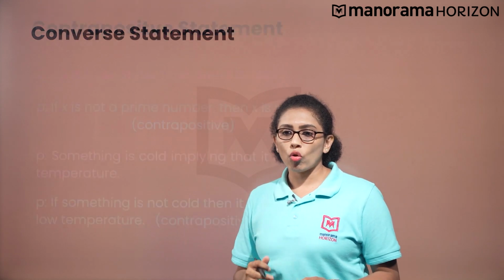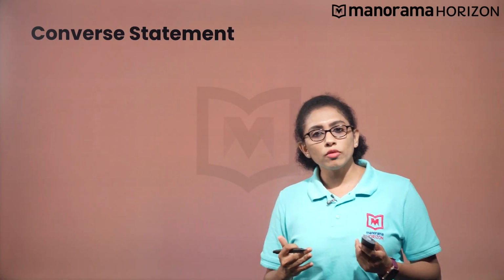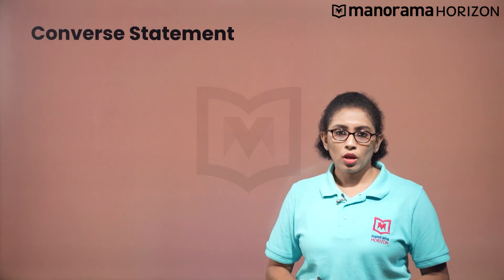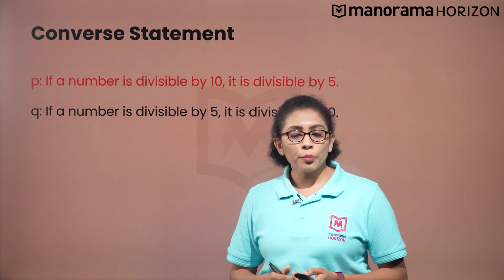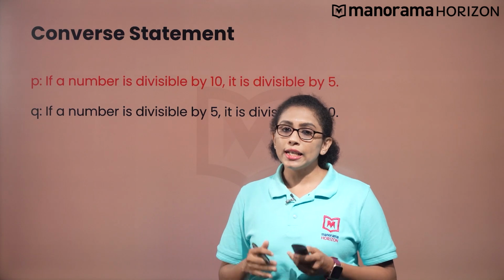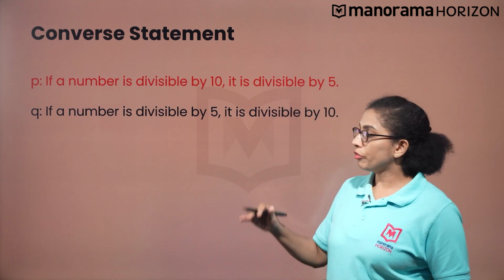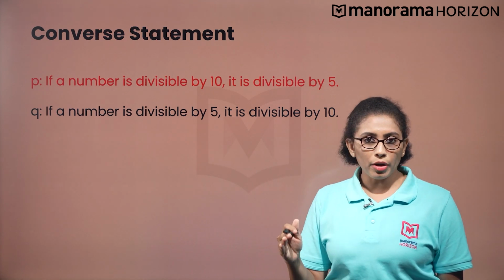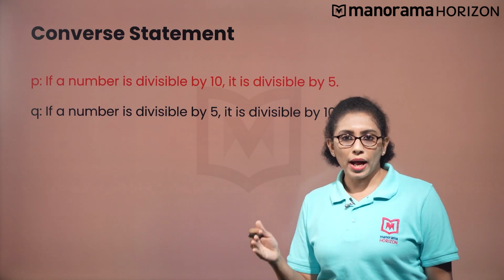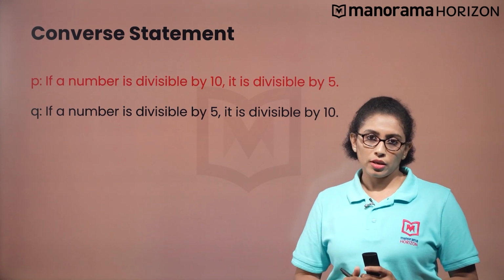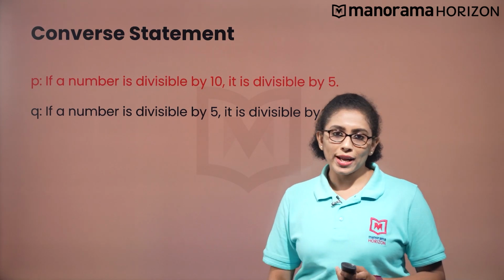Now we have to focus on converse statements. The word converse means just reversing the statement. Consider a statement. If a number is divisible by 10, it is divisible by 5. What is the converse of this statement? If a number is divisible by 5, it is divisible by 10. We have just reversed the statements. Let us look at some more examples.